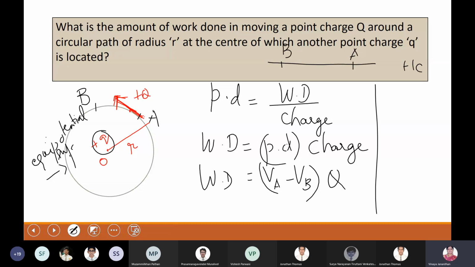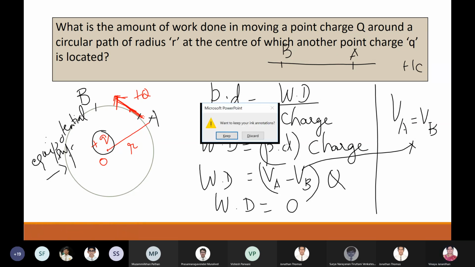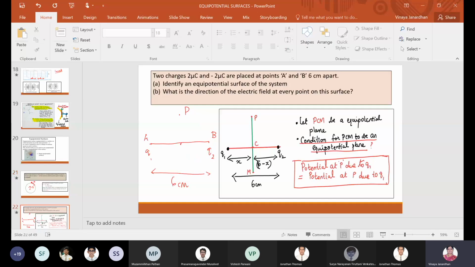Since for an equipotential surface, VA is equal to VB. Why is it an equipotential? It's a point charge. For a point charge, all your equipotential surfaces will be spherical and concentric. So work done will be equal to 0 because VA is equal to VB. Is that fine? Yeah, ma'am. Thank you.